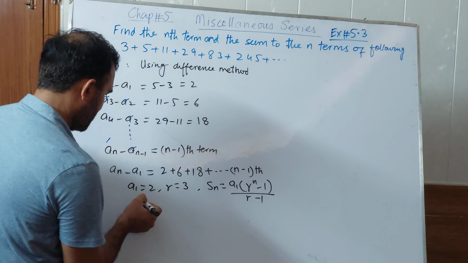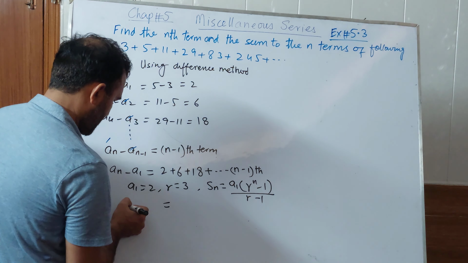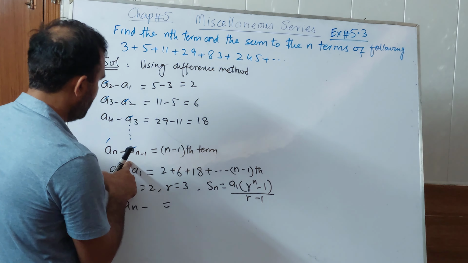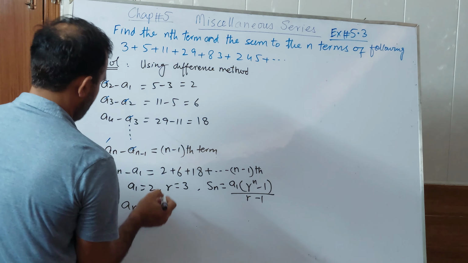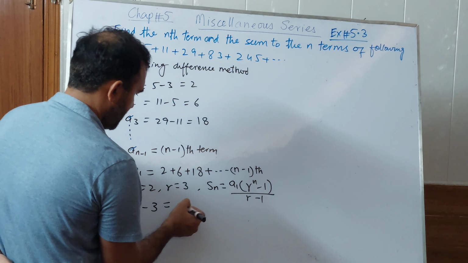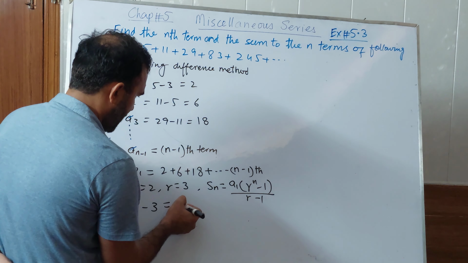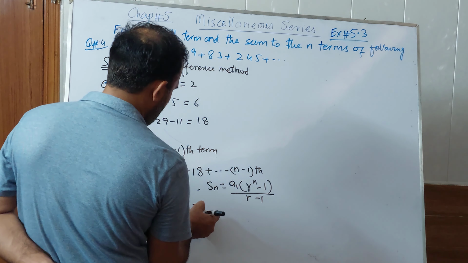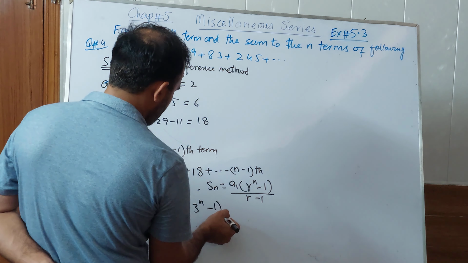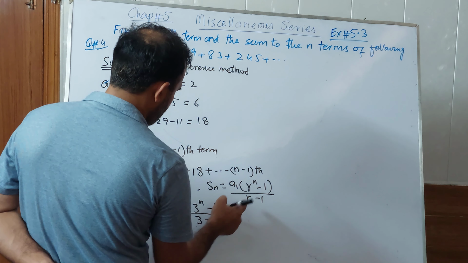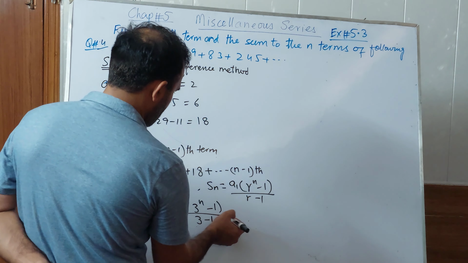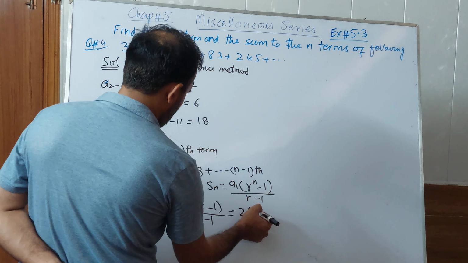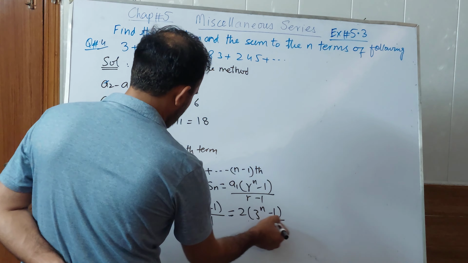So using this formula we have an minus a1, and we can replace a1 with 2 over here, r is 3, so 3 power n minus 1 divided by 3 minus 1, because r is 3, right? So it will be 2 times 3 power n minus 1 divided by 2.